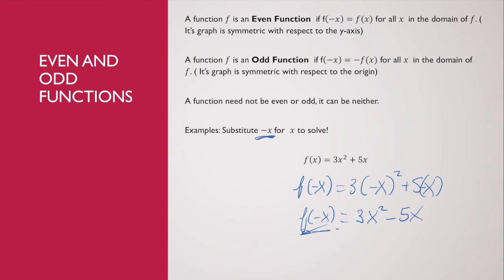Well, f of negative x doesn't look the same as f of x, so it's not even. It also doesn't look the same as negative f of x. Negative f of x would have been negative 3x squared minus 5x. So this is neither even nor odd, meaning it's not symmetric to the y-axis or symmetric to the origin.